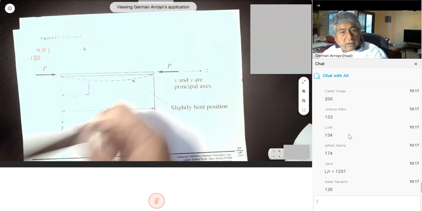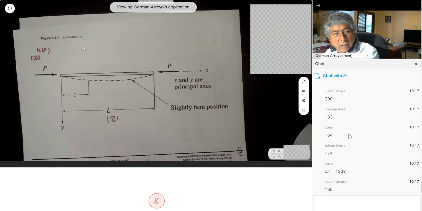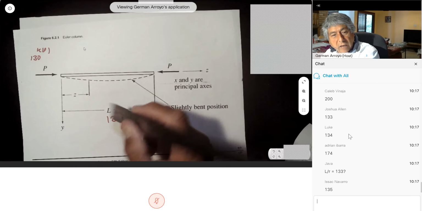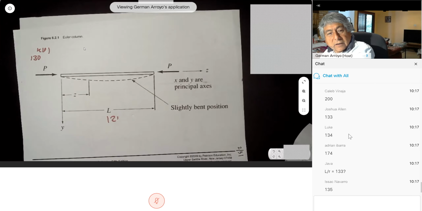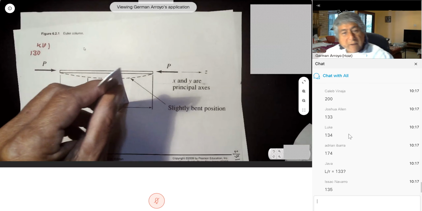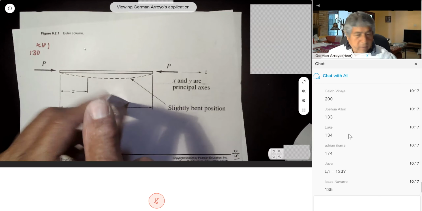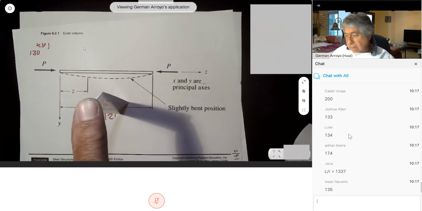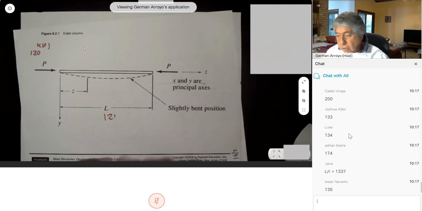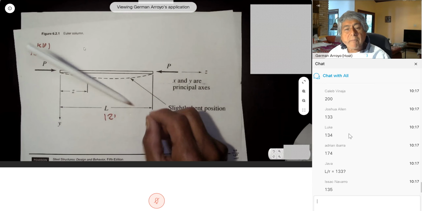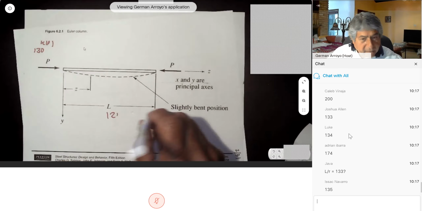If you look at the cross section, it's a rectangular cross section. And this is a column, the same as if this were a column and we apply a load.